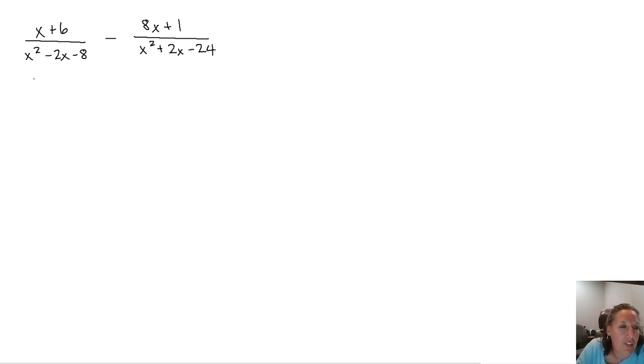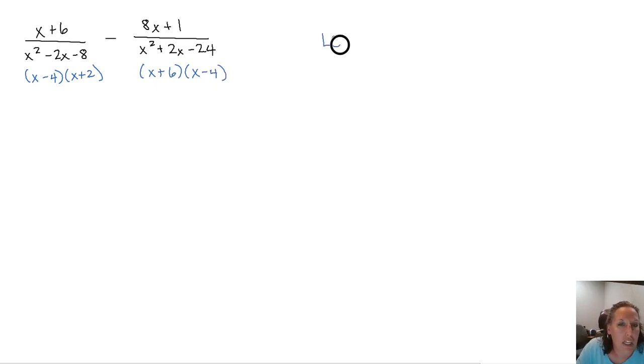So the factors of negative 8 that add to negative 2 are going to be a negative 4 and a positive 2. And the factors of negative 24 that add to 2, that's going to be a positive 6 and a negative 4.